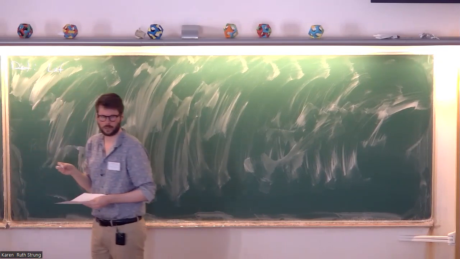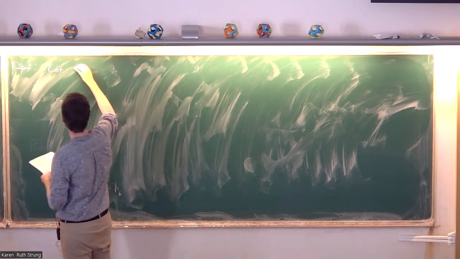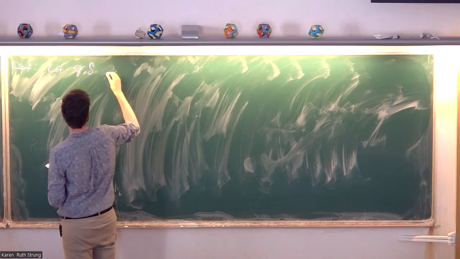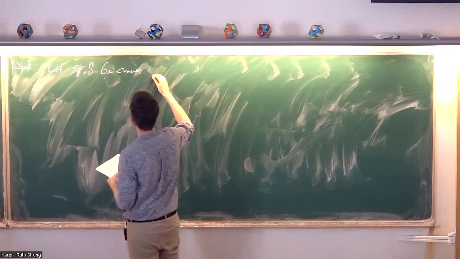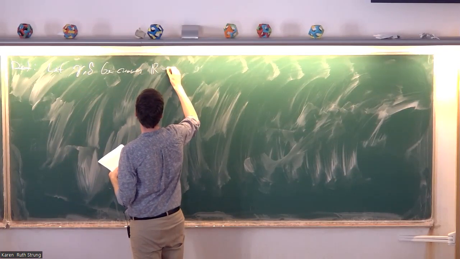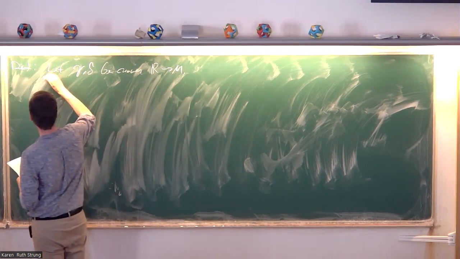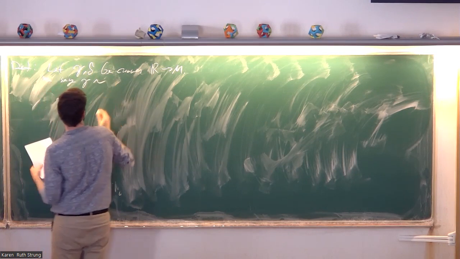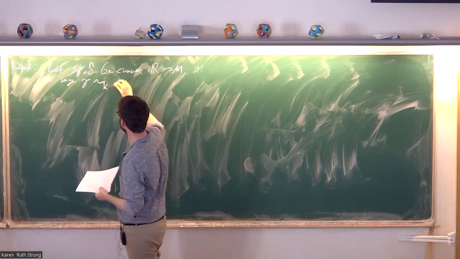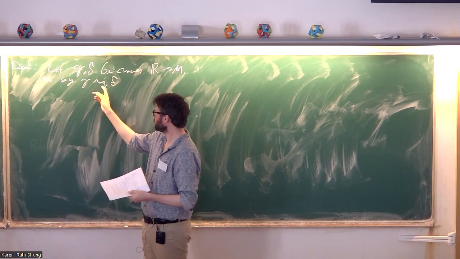So we're going to start by defining what it means to say that two curves have contact of order k, or they are k equivalent. So here's our symbol for our relationship.